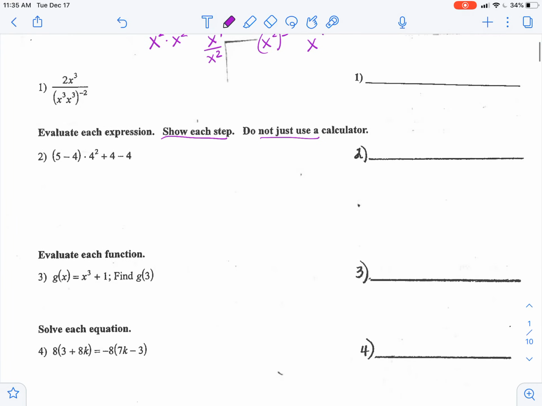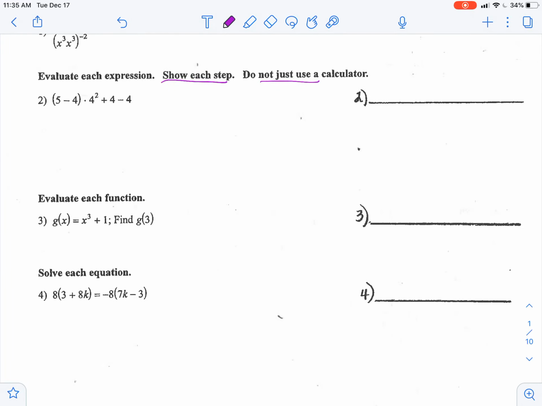Number 3, you're going to evaluate each expression. Okay, so I want to know when I ask for what is g of 3, what is the answer? So look at where the 3 is located in relationship to your original expression. Pause the video and do the problem.